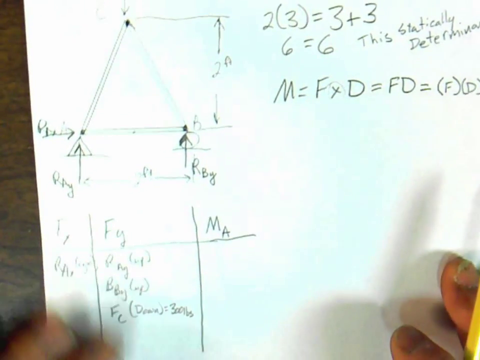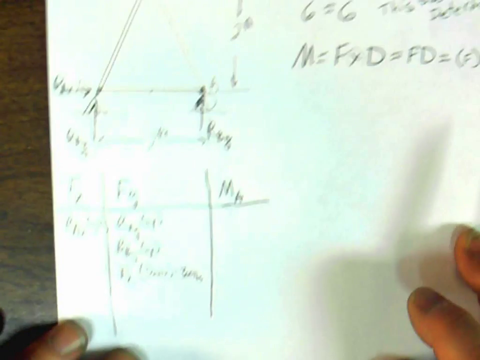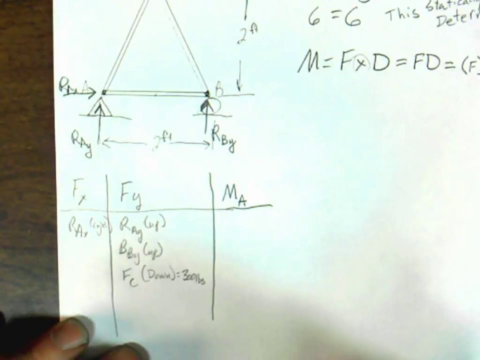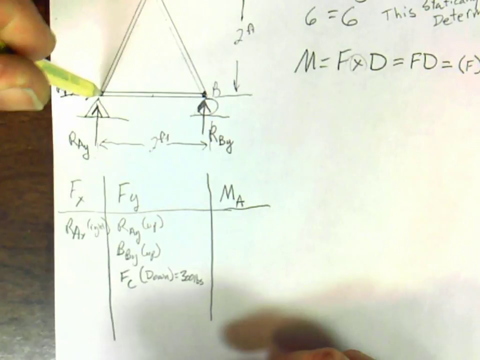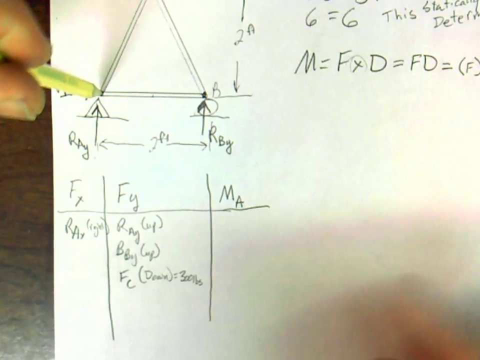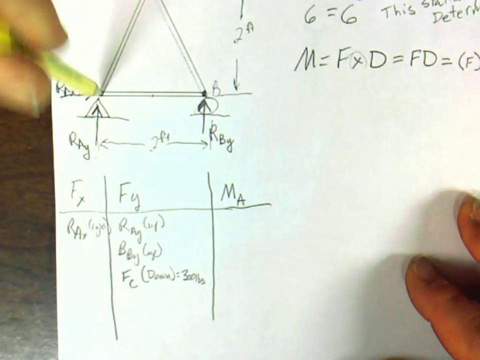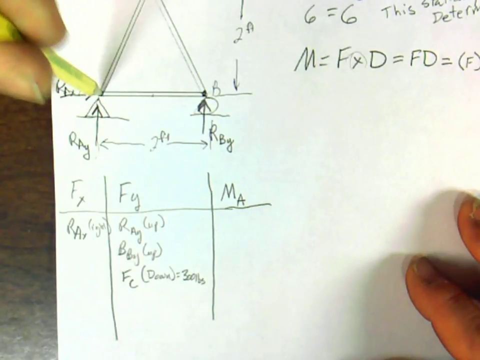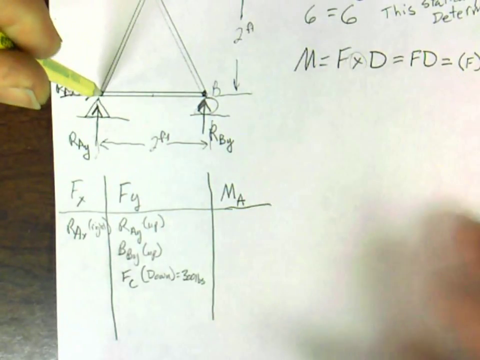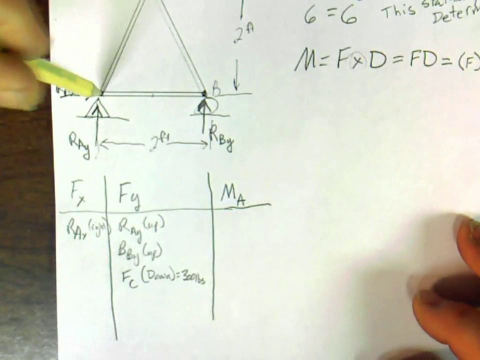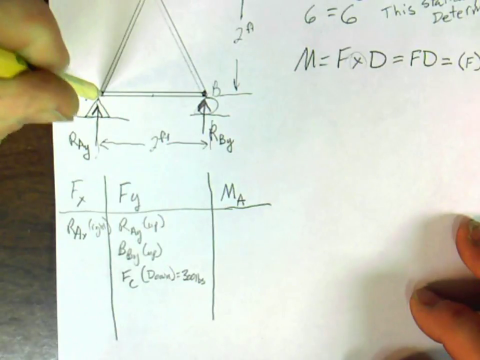Now, if we pick pin A, notice I've got RAx as my force. The distance is 0, so the moment there is 0. I can do RAy, the distance again is 0. So there's no moment there with RAx or RAy, because there's no distance.